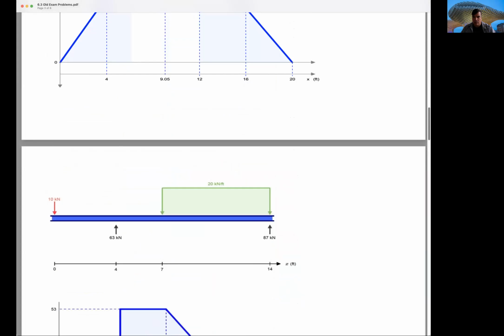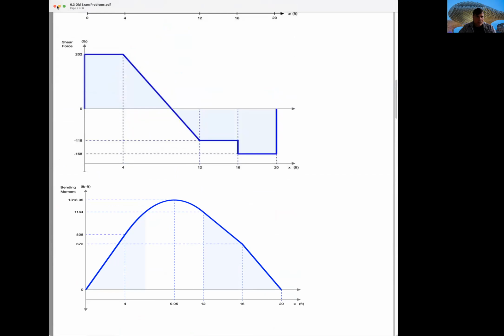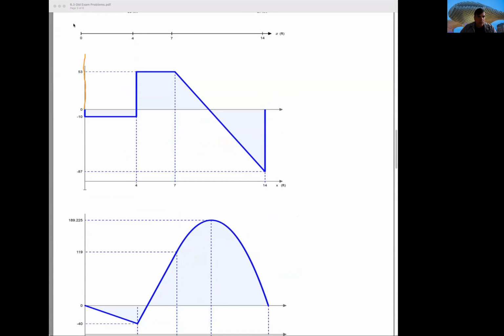So let me make this a little bit smaller. I will not go over the mathematics because you already know, but here you multiply 10 by 4. Let me move this one here. You will multiply 10 by 4, and you have this area, sorry, and it's negative, look, it's under the line of 0.